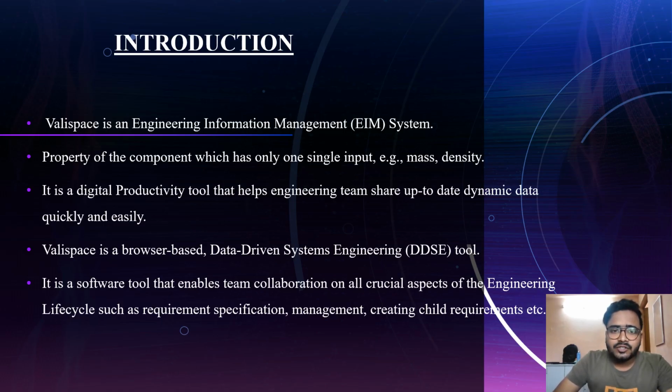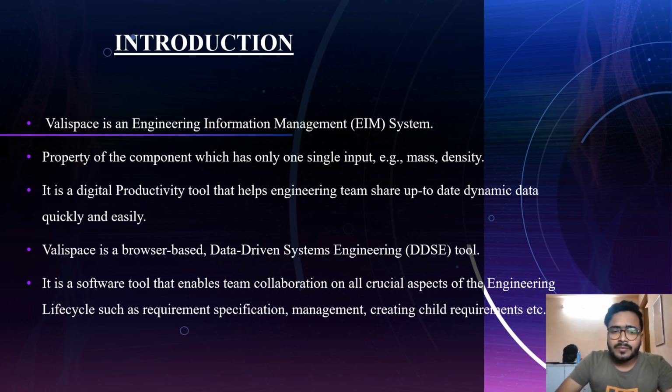Valispace is an engineering information management system. Property of the component which has only one single input, example mass or density. It is a digital productivity tool that helps engineering teams share up-to-date dynamic data quickly and easily.